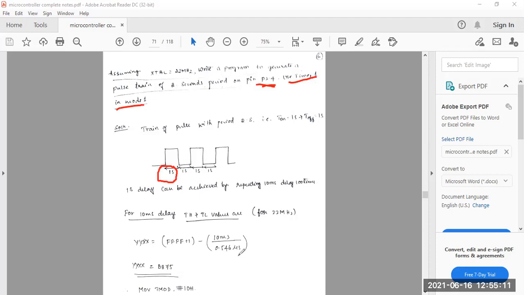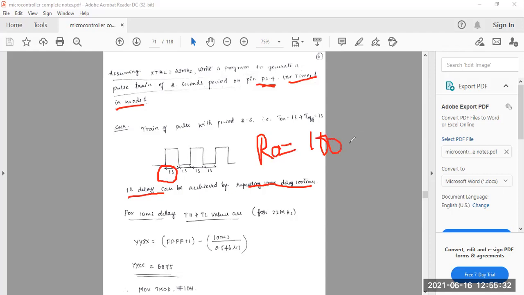So what we are doing here is achieving a 1 second delay by repeating a 10 millisecond delay 100 times. For that we have to take a count. The R0 register will be taken as the count and loaded with the value 100.